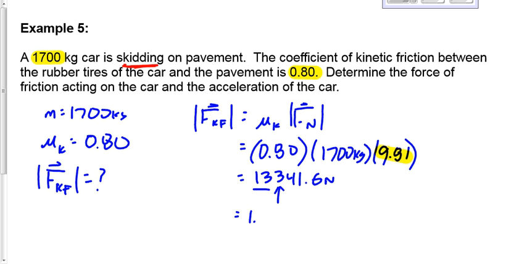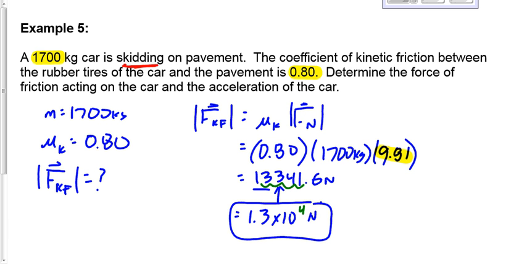The third digit is a 3, so the second digit rounds up or down? Down, yeah. 1.3 times 10 to the, what is this? 1, 2, 3, 4. 1.3 times 10 to the 4 newtons is our answer.